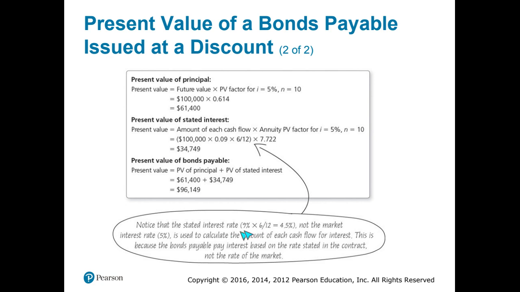Notice that the stated interest rate, 9% times 6/12, equals 4.5%, which is half of 9. This is not the market interest rate of 5%, which is used to calculate the present value factor. This is because the bonds payable pay interest based on the rate stated in the contract, not the market.